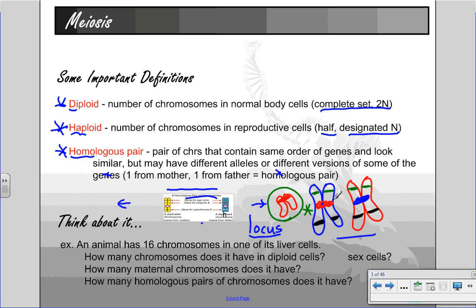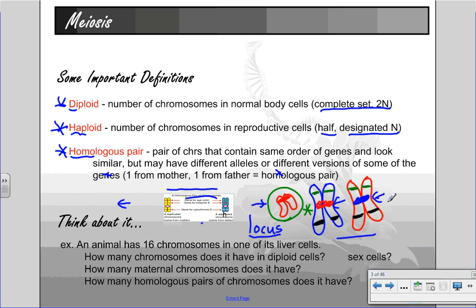And the one on the left, the blue one, we said was the father copy, and the red one was the mother copy. And you can see they're about the same length, and the centromeres are about the same spot. So here, this one's centromere, and here's this one's centromere. And the green genes code for a certain trait, and the black genes code for a certain trait.